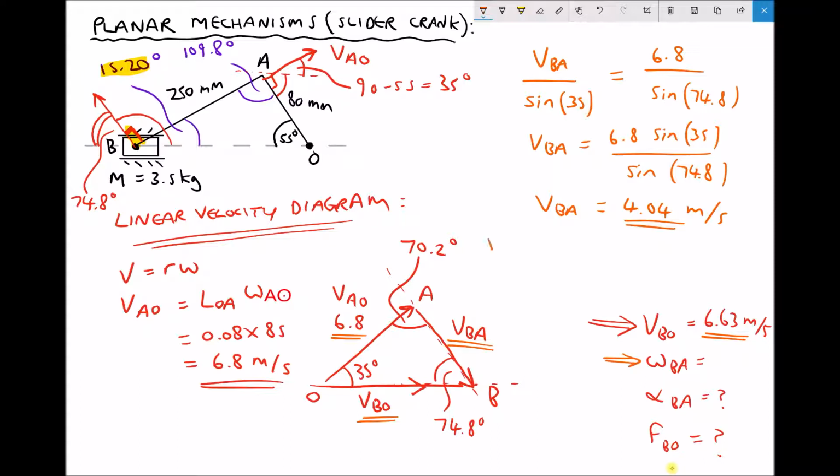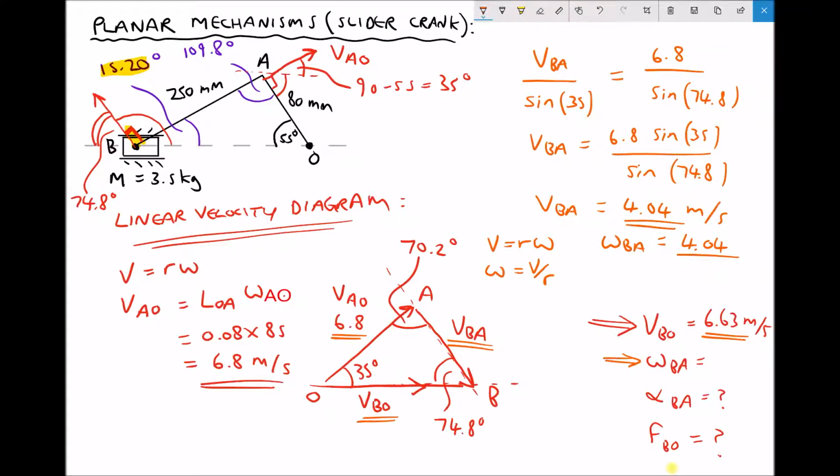We can use the formula V equals R omega. Therefore, omega is just V over R. And as it's omega BA that we're looking for, we need to use VBA as the velocity, 4.04, divided by the radius. Well, the radius of the motion for B relative to A is the length of the linkage AB.